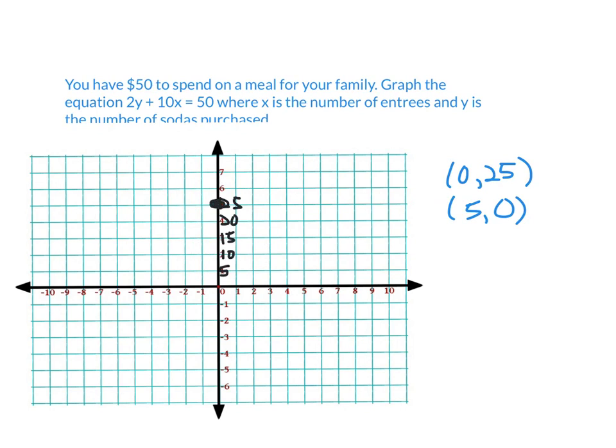So I'm going to go right 5, up and down 0. I label my 2 points, 0, 25, and 5, 0. And I label my line with my equation, which was 2y plus 10x equals 50.